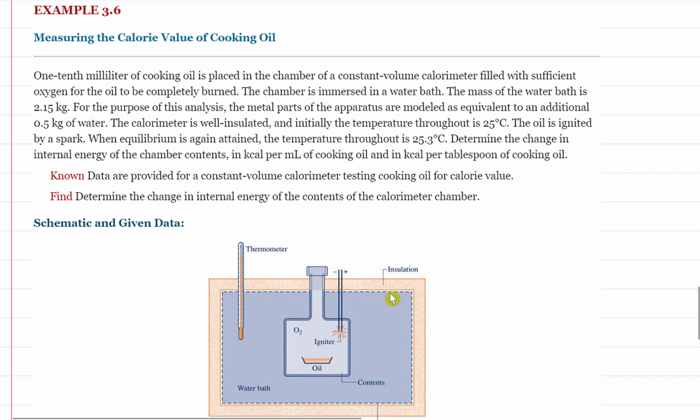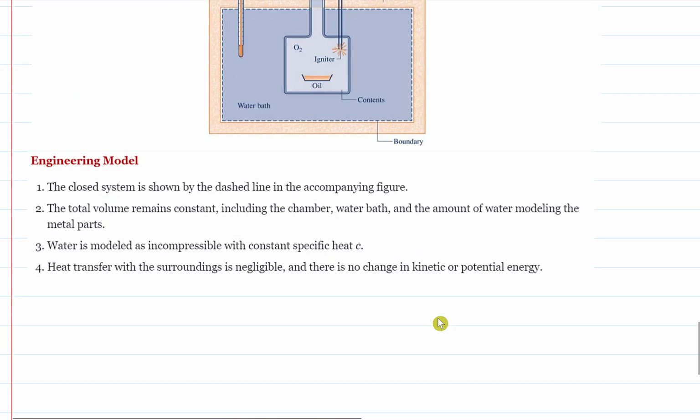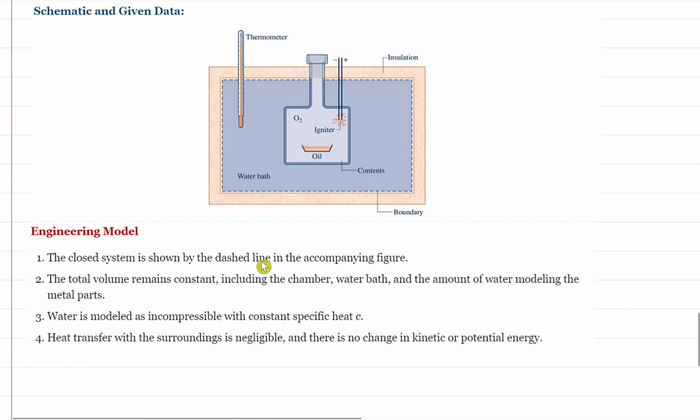Determine the change in internal energy of the chamber contents in kilocalorie per milliliter of cooking oil and kilocalorie per tablespoon of cooking oil. This is a closed system, no mass crossing the system boundaries, and the total mass remains constant.